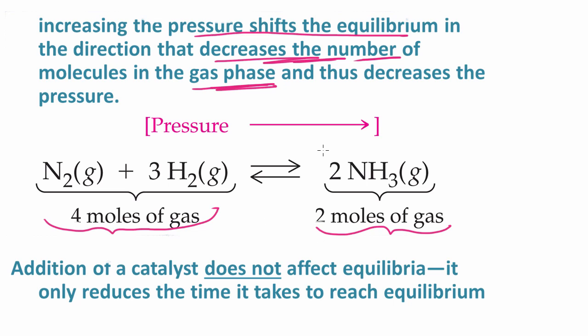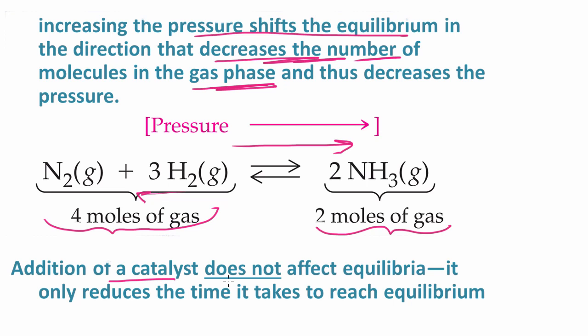So if I increase the pressure, this is going to shift in the direction that decreases the number of moles of gas. So in this case, it would go right. If I increase the pressure, it's going to go to the side with fewer moles of gas. If I decrease the pressure, it'll go to the side with more moles of gas. So I decrease the pressure, this will shift to reactants.